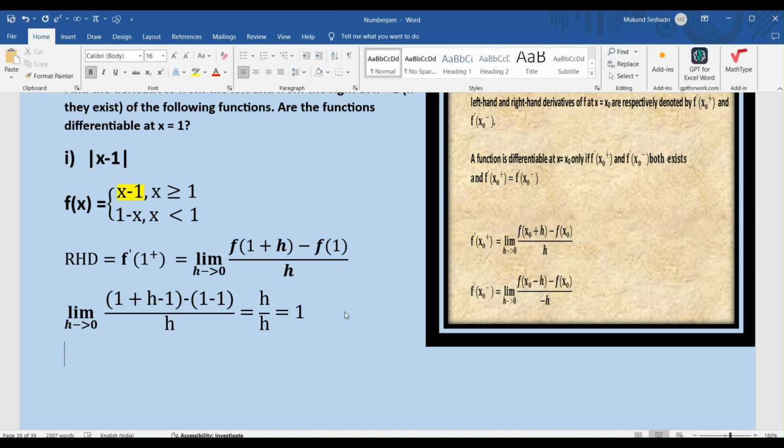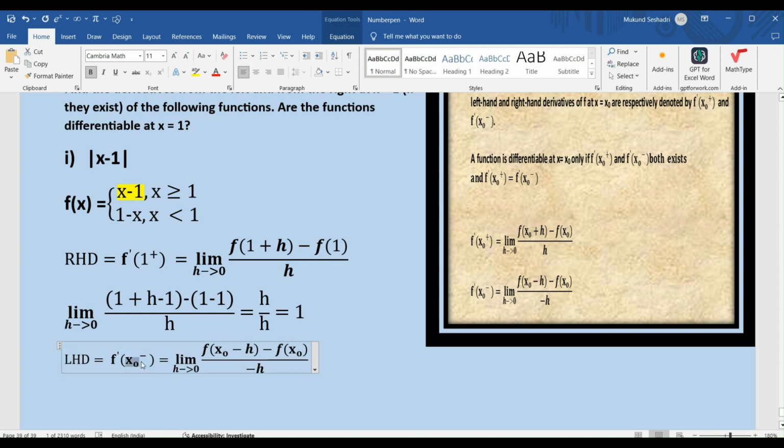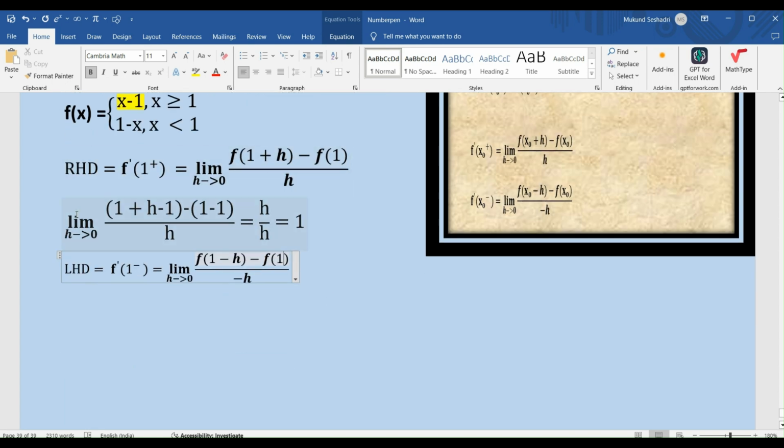Now let's move to my LHD. So this is my LHD, f dash of x naught minus equals limit h tending to 0, f of x naught minus h minus f of x naught divided by minus h, right? So now my x naught is 1 here. So all I can do is replace my x naught by 1, and f of 1 minus h minus f of 1 divided by minus h, right?